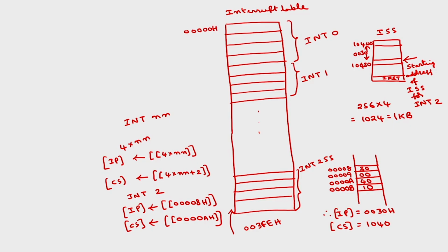Then we have a total of 256 interrupts, and some have special purposes, like INT0. INT0 is normally used for divide by 0. Whenever a divide by 0 operation occurs in a division, INT0 will be executed automatically.